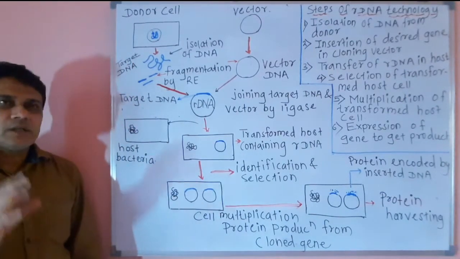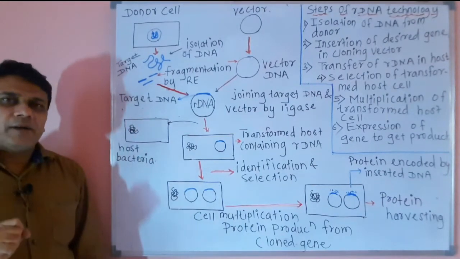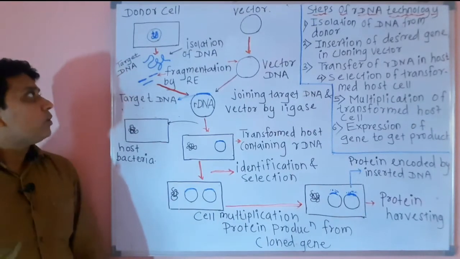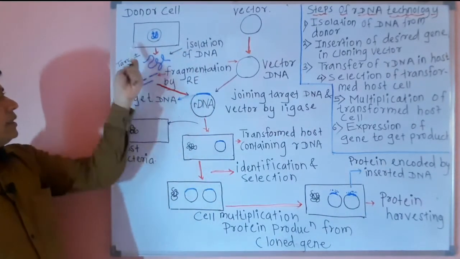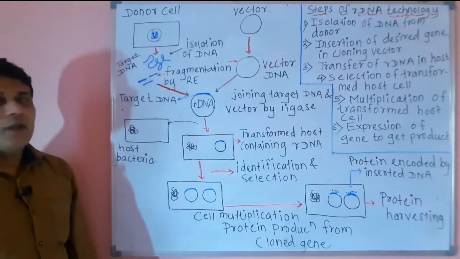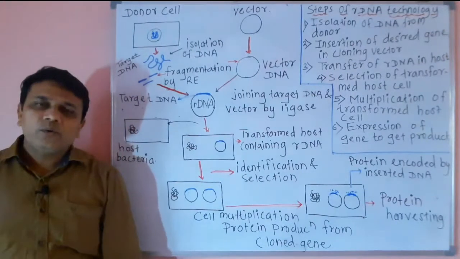Such a cell, which is selected to obtain the DNA, is called the donor cell. And here we can see the donor cell, and then the DNA is isolated from it.